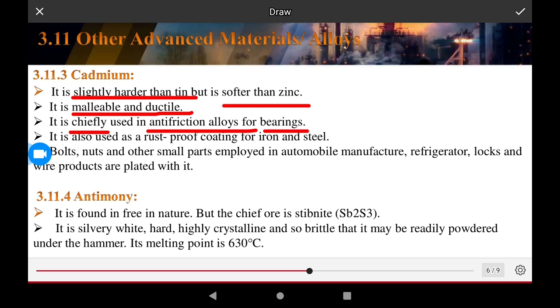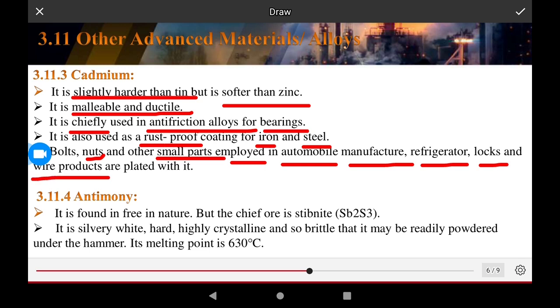It is also used as a rust-proof coating for iron and steel. Application: bolts, nuts, and other small parts employed in automobile manufacturing, refrigerators, locks, and wire products, which are plated with it.